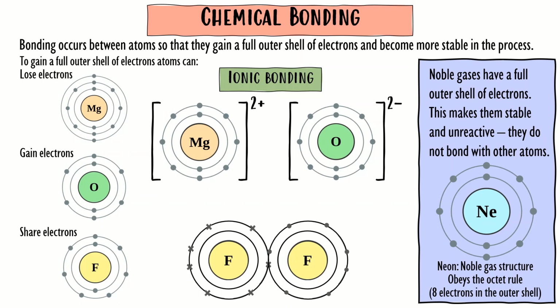Because they are joined together now, it's no longer fluorine atoms, it's a fluorine molecule, F2. We call it a diatomic molecule, di because it's got 2 atoms joined together by a covalent bond. And this is a single covalent bond, 2 electrons shared. So that is an overview of the 2 types of bonding we've dealt with so far.